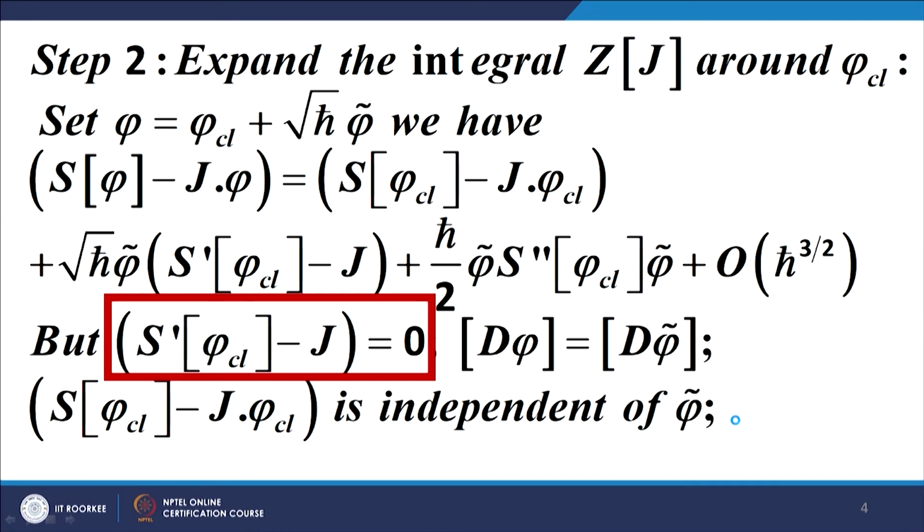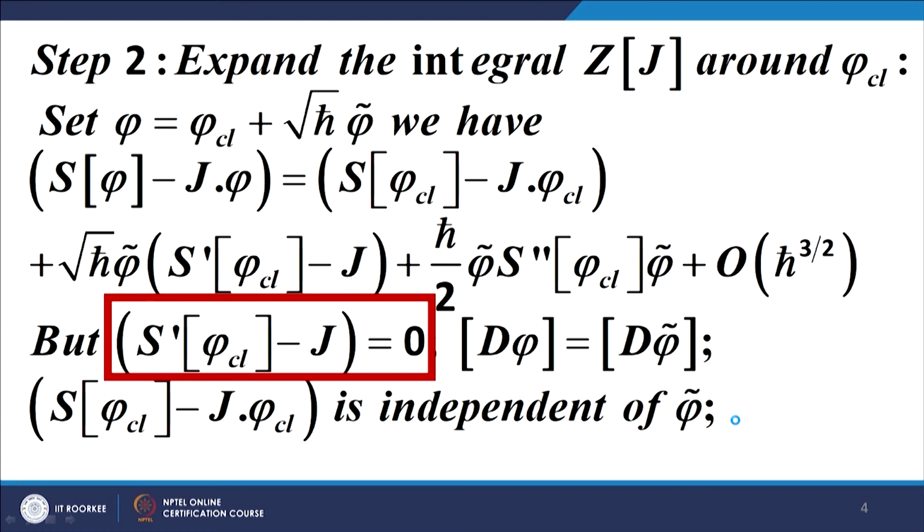Step number 2, as I mentioned, we expand z j, the generating functional, around phi classical, and for this purpose we write phi as phi classical plus square root of h times phi tilde, and what we have is S minus j dot phi is equal to S of phi classical minus j phi classical, this is the 0th order term, plus the first order term is here, the second term, and plus the second order term.